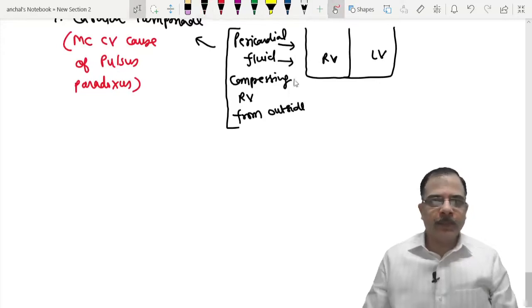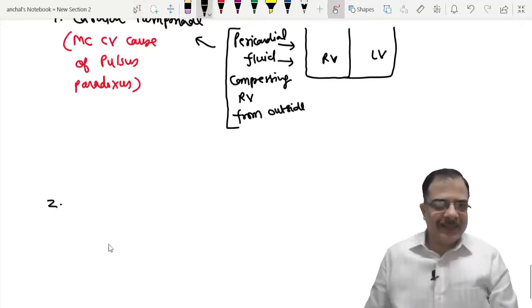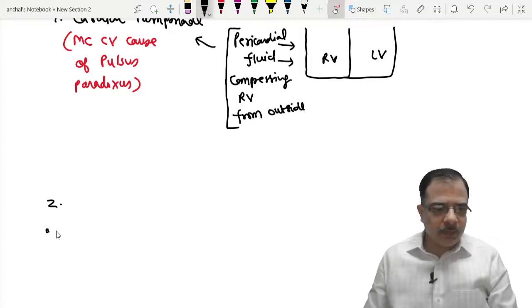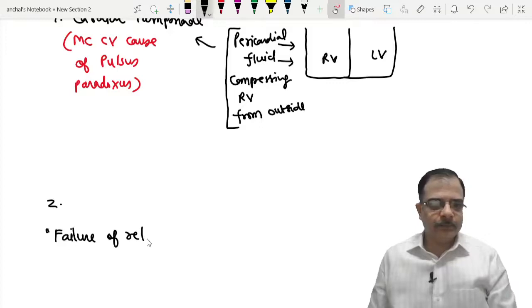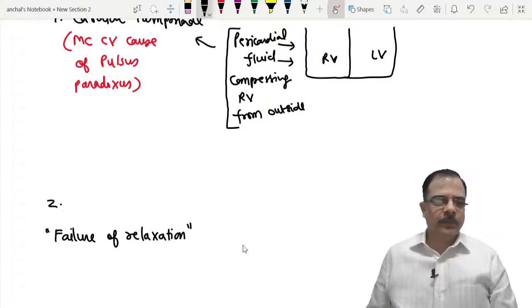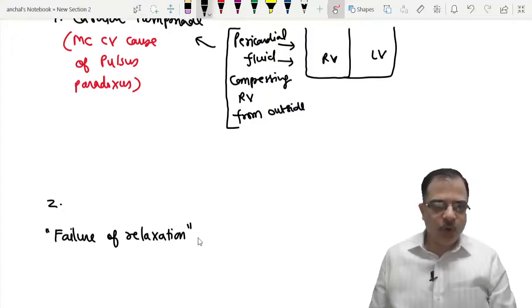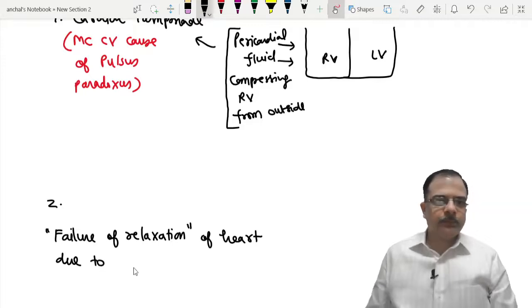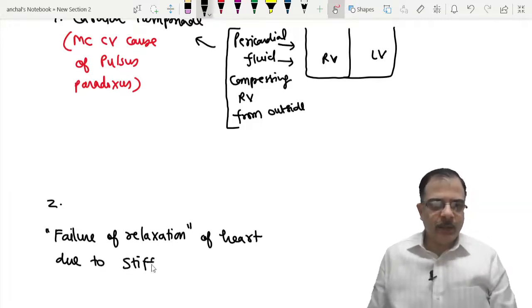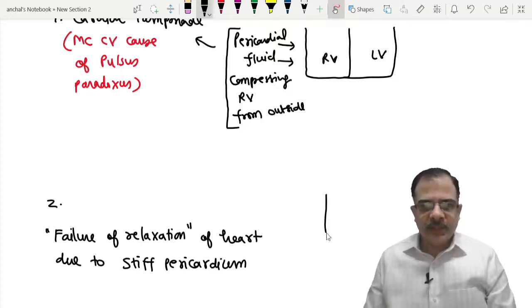Number two, there is a failure of relaxation of the heart due to stiff pericardium. So this is a stiff pericardium.